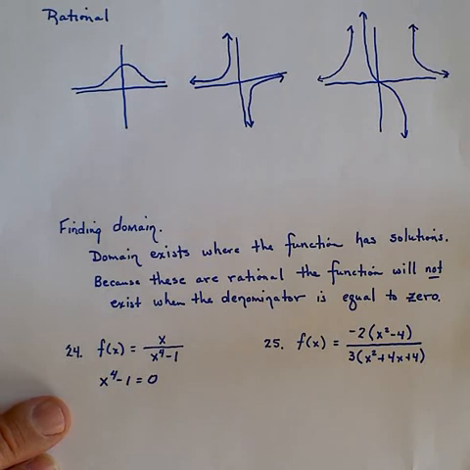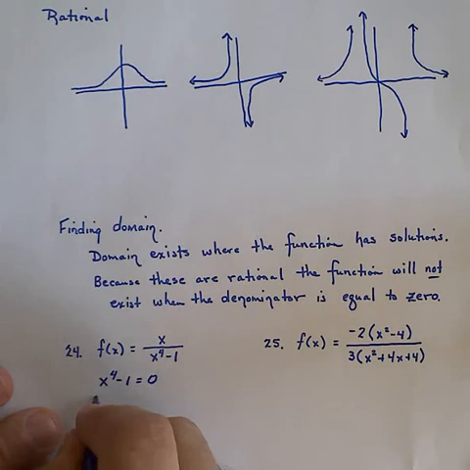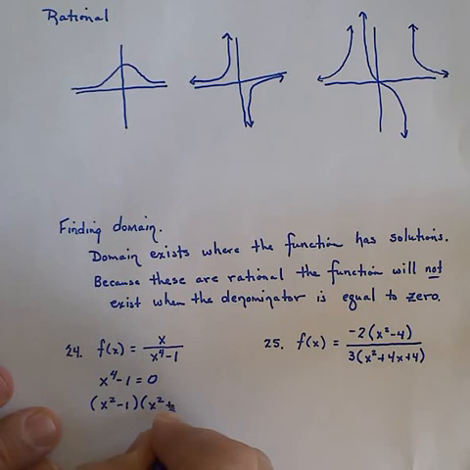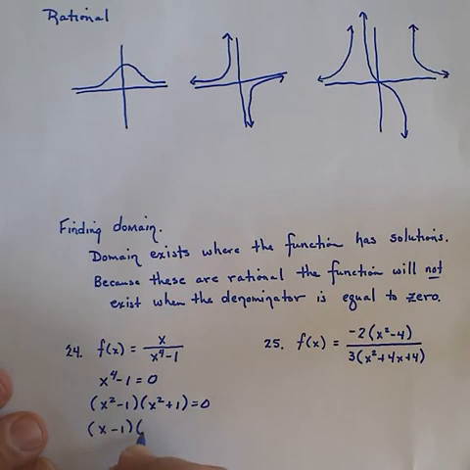Now, solving that, I would first take the left side and factor it. This is a difference of squares, so it breaks up into x squared minus 1 and x squared plus 1. But the x squared minus 1 is also a difference of squares, so it's x minus 1 times x plus 1.